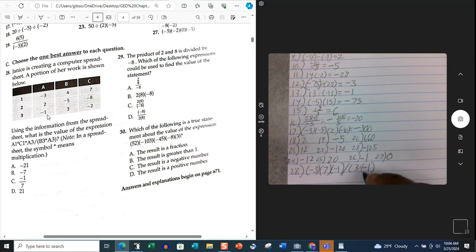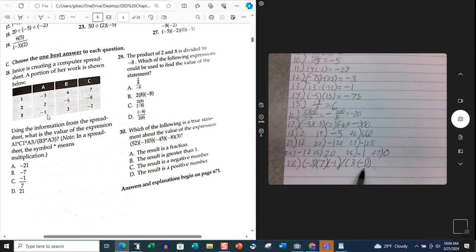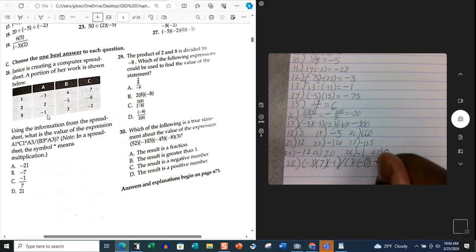Typically, we'll put this negative 1 in its own parentheses, so I'd be consistent with it. Now, we notice there's no zeros here, but we do have 1, 2, 3 negative values. So we know our final answer is going to be some negative value.